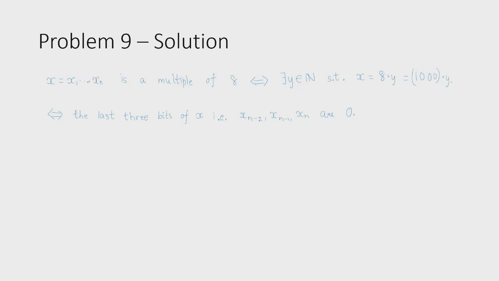So x is in the language if and only if xn minus 2, xn minus 1 and xn are 0.